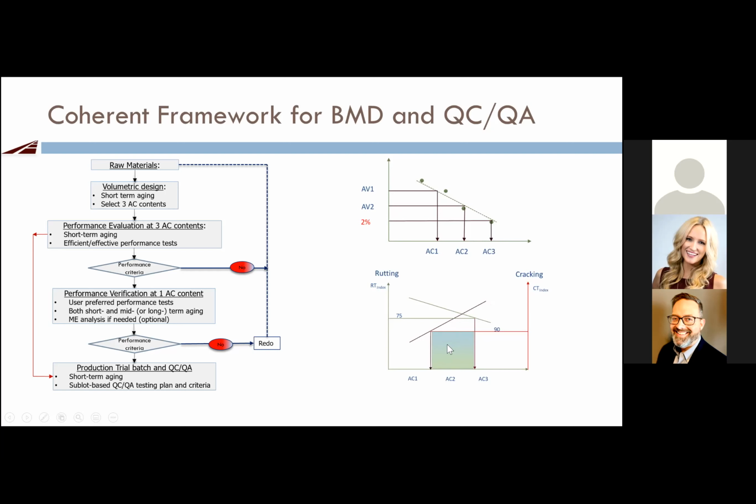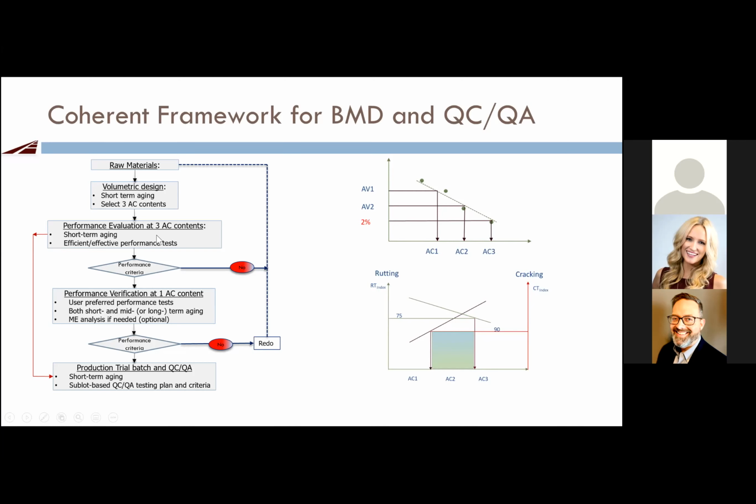So when you use this balance zone, you can choose one asphalt binder content for further verification. Because here we use a pretty fast, efficient, effective test, but most of the DOTs, for example, when they pick a rutting test, they're either using Hamburg or APA, and that's not suitable for this stage.